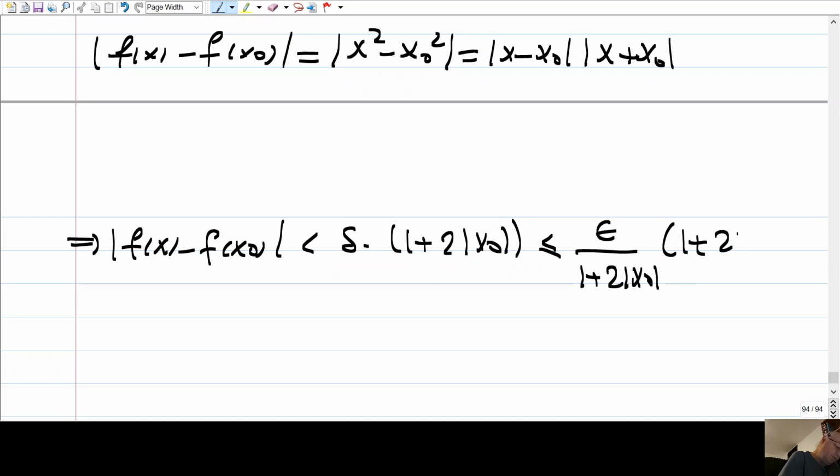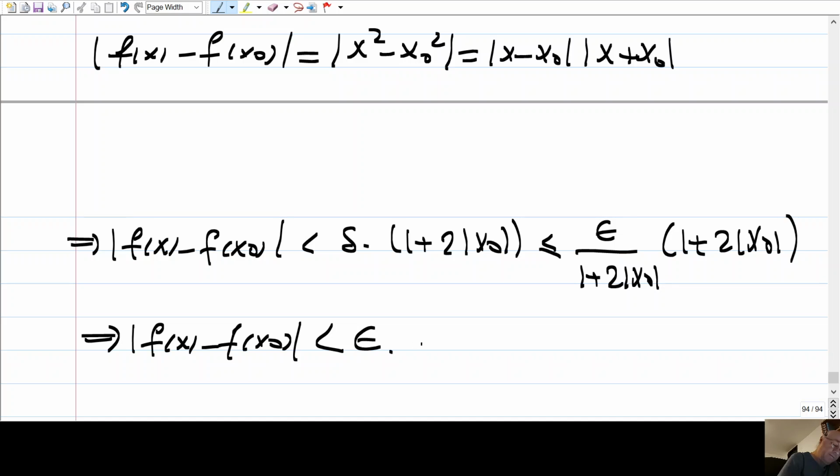So the factors 1 plus 2 times |x0| cancel and I obtain only epsilon. So this means |f(x) minus f(x0)| is strictly less than epsilon.